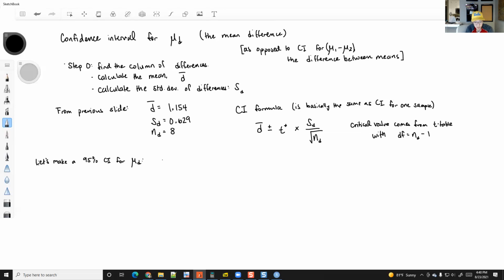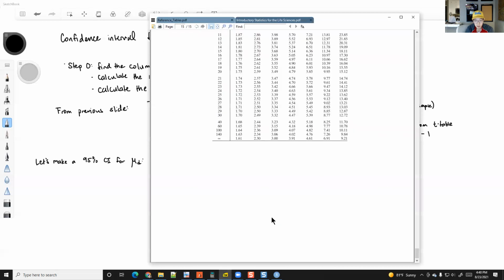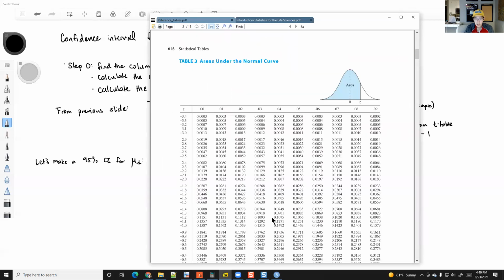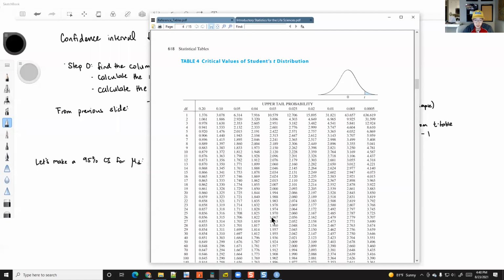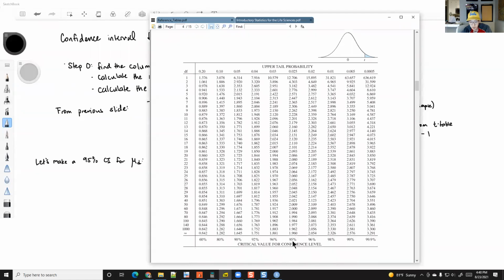We'll do 1.154 plus or minus the critical value, which we'll look up: 7 degrees of freedom, 95% confidence.